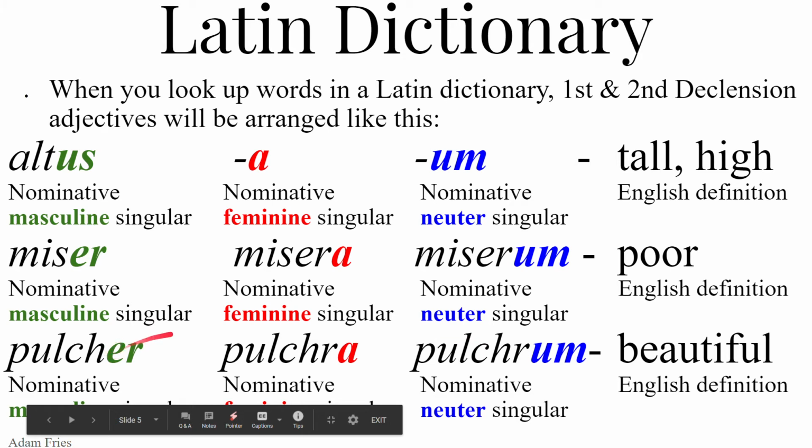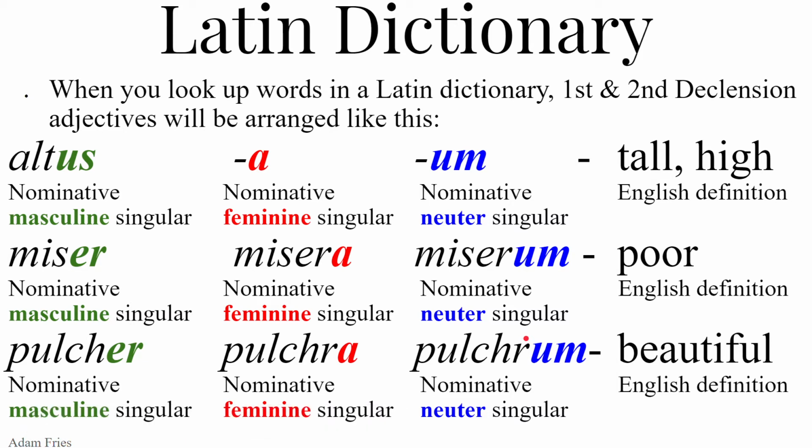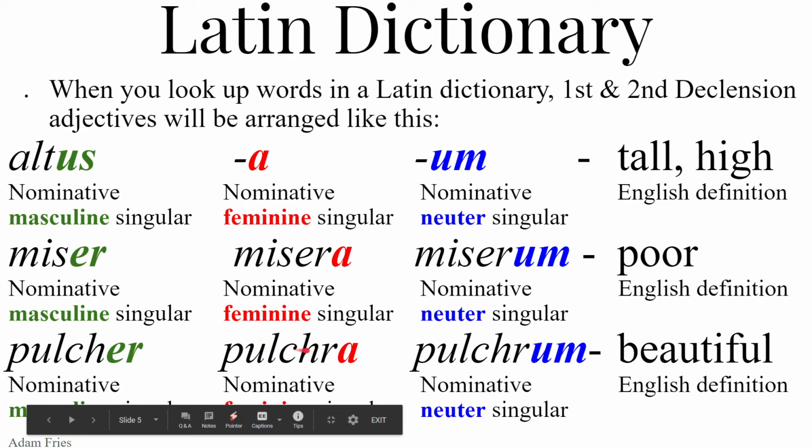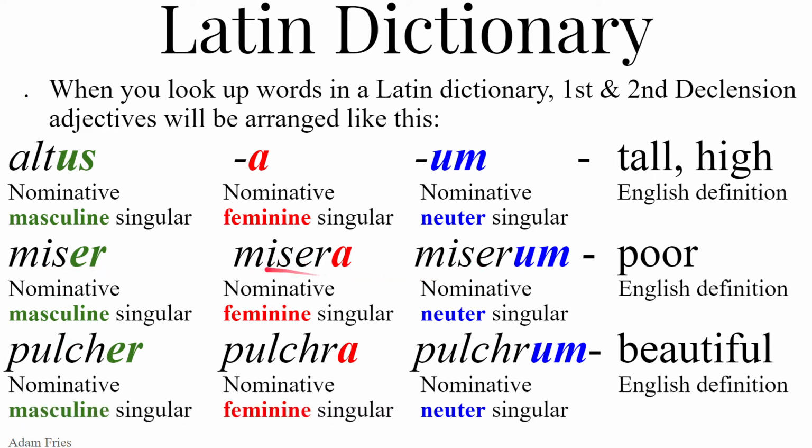It's pulchr. It's not pulchera or pulcherum. Think of the English word pulchritude. The e has dropped out. The stem is pulchr. It's not pulcheritude. As opposed to miser, where the e stays. The English word miserable instead of miserable.